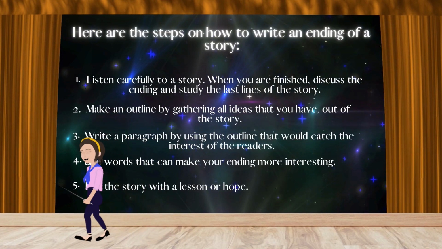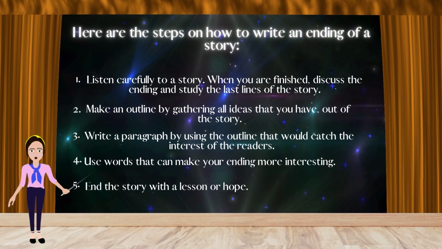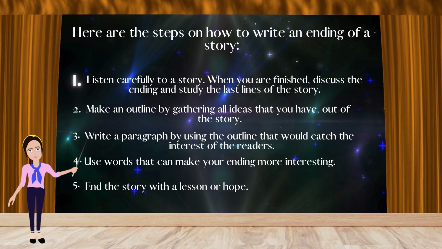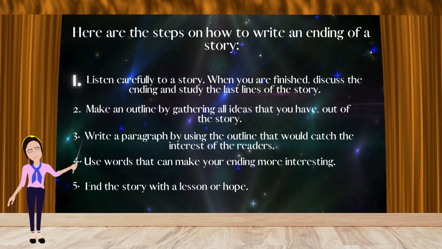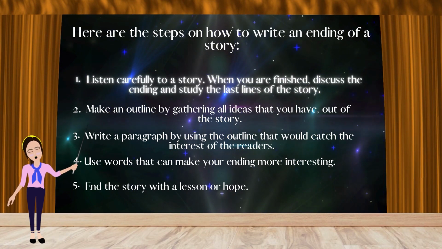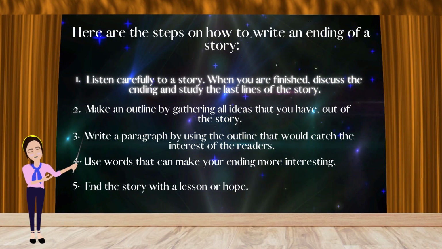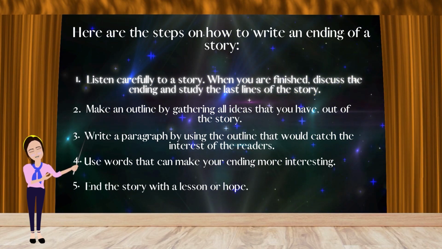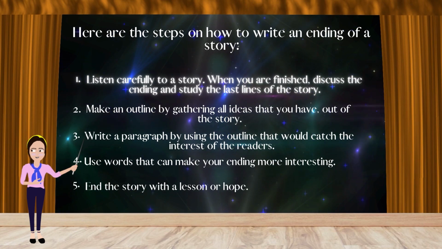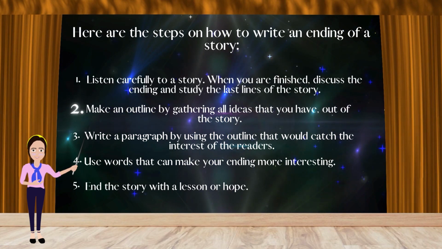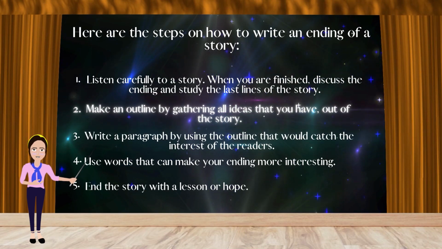Now here are the steps on how to write an ending of a story. First, you have to listen carefully to a story. When you are finished, discuss the ending and study the last line of the story. Second, make an outline by gathering all ideas that you have out of the story.